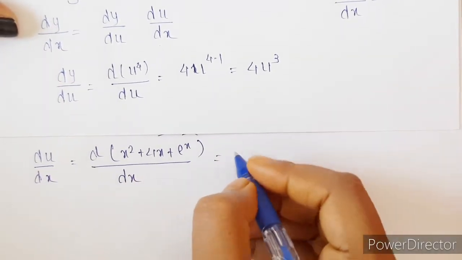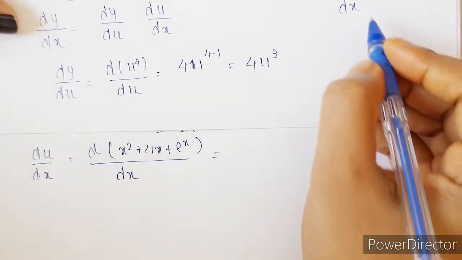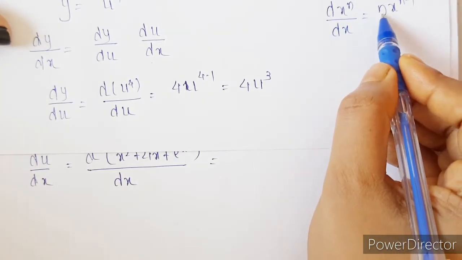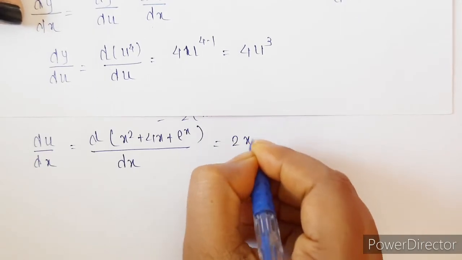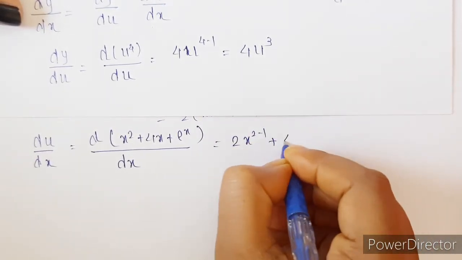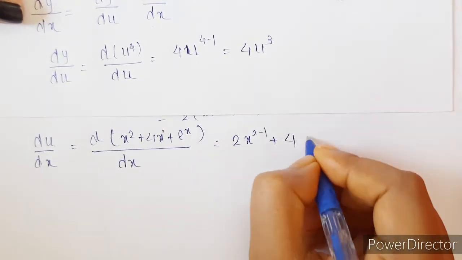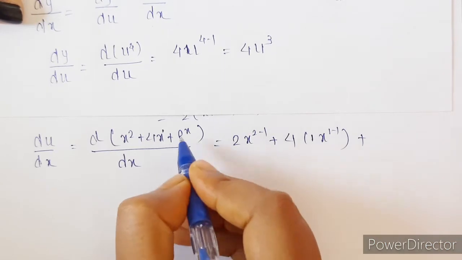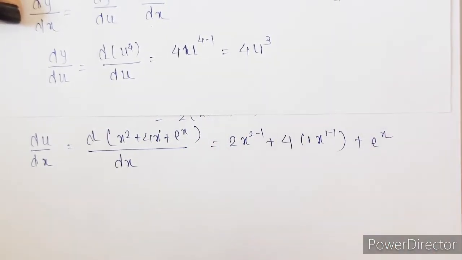The derivative of x square, again power function, so n is 2, so it will be 2x raised to 2 minus 1, plus 4 is a constant, power here is 1, so this will be 1x raised to 1 minus 1, plus derivative of exponential function is function itself, so it will remain as it is.